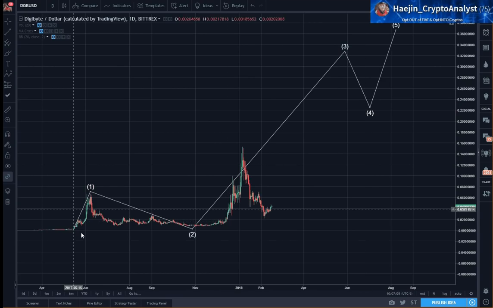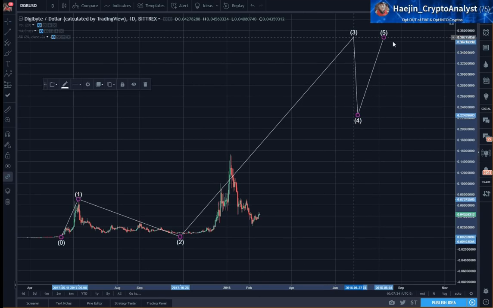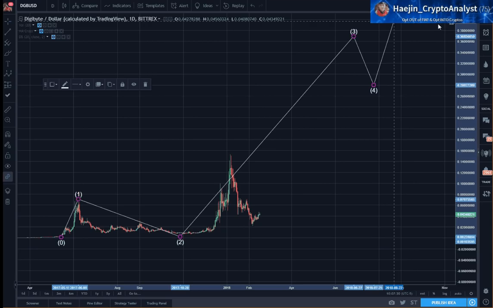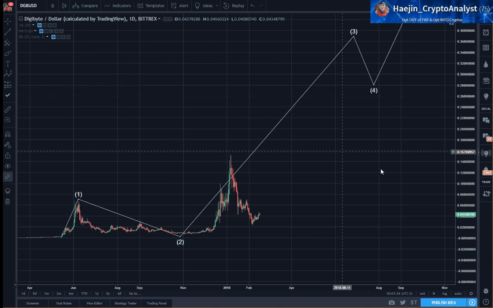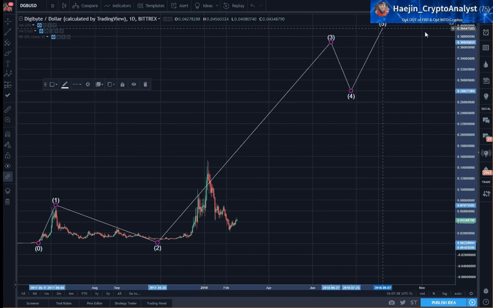But to explain how these waves fit in, I have 1 and 2, and then I have 1, 2, 3, 4, 5 of 3. Therefore, I think I need to raise the 3 and the 5.